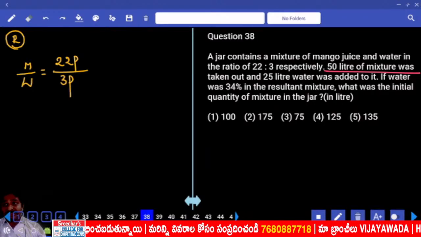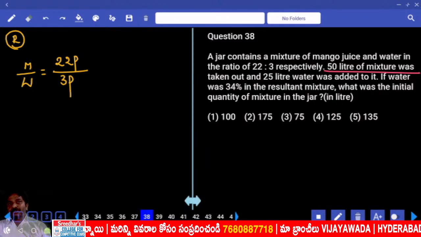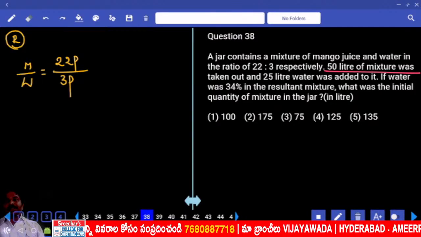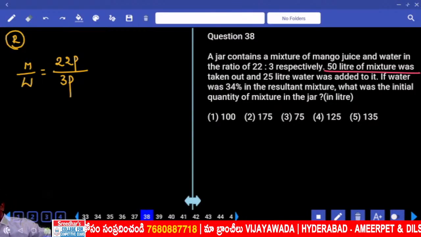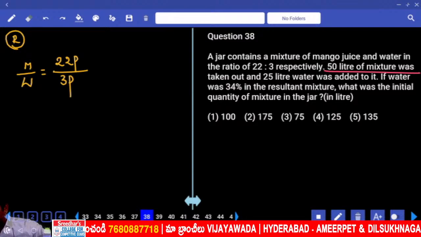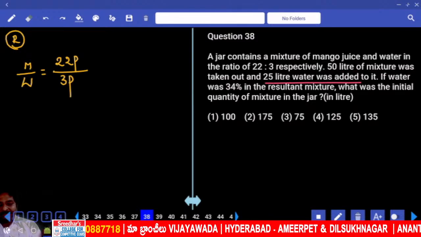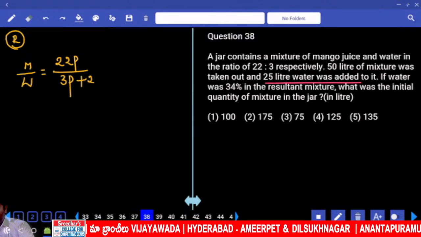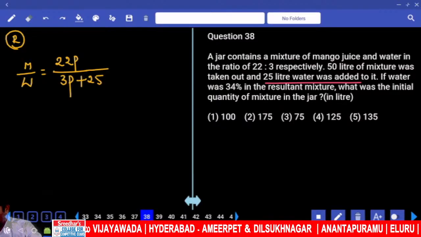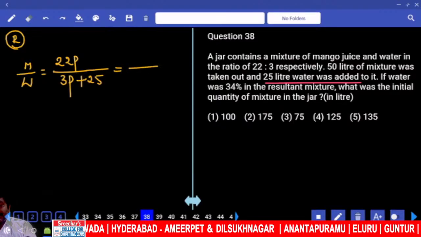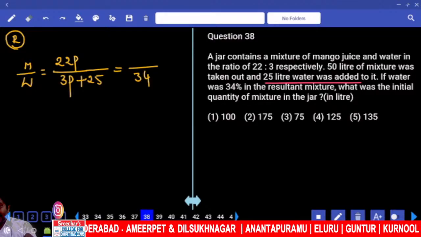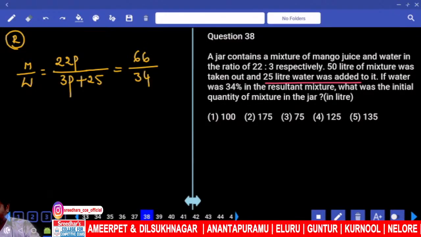So far, how many liters was taken out? So to get the total quantity to the remaining quantity, how many liters do you need to add? 50. Now we added 25 liters, plus 25 liters. Now water is 34%, then the remaining 66 is milk percentage.